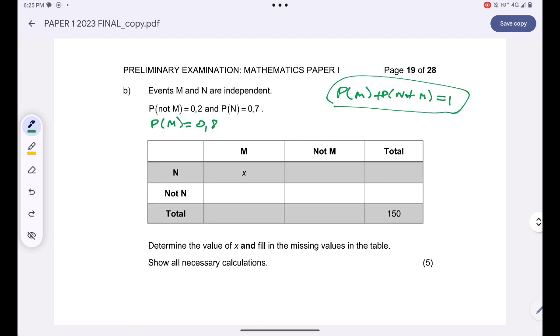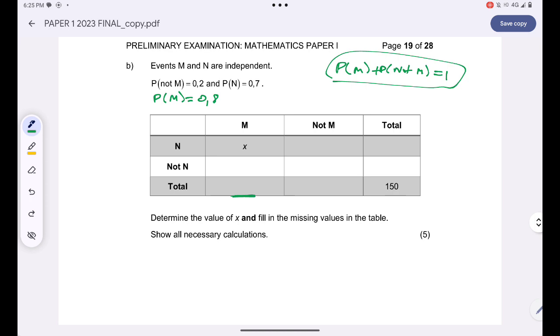The probability of M is 0.8, and there is M in the table. But how do I find the number of elements? The probability is the number of elements in M divided by the sample space.